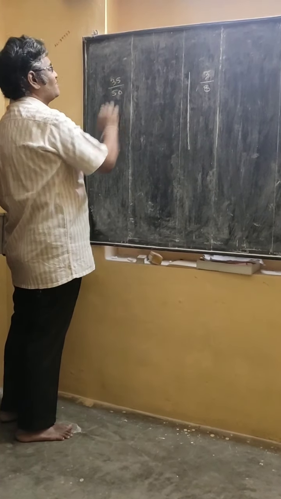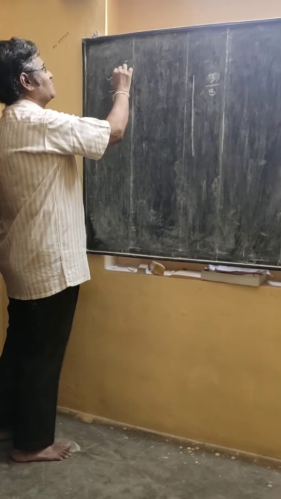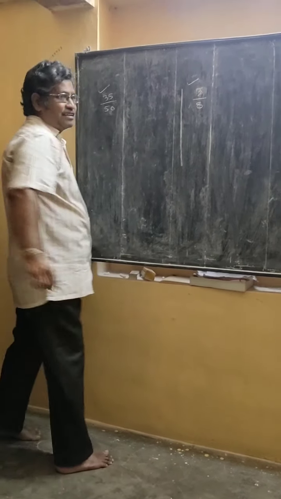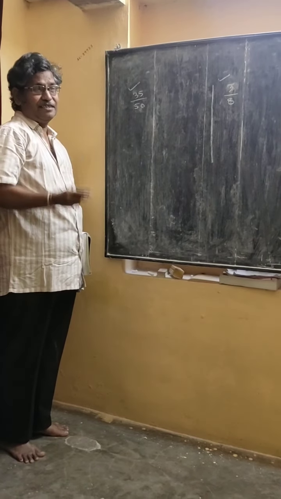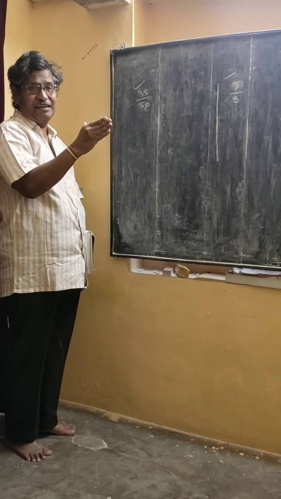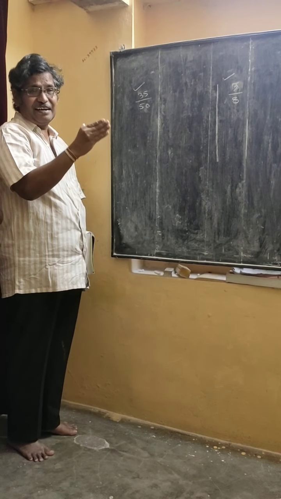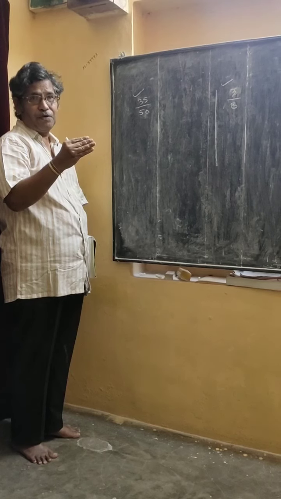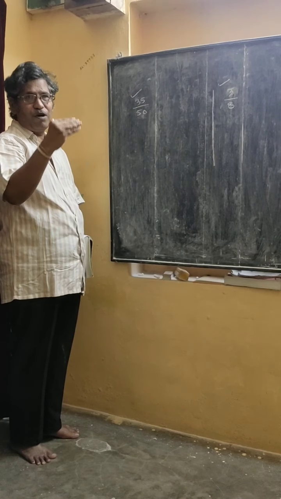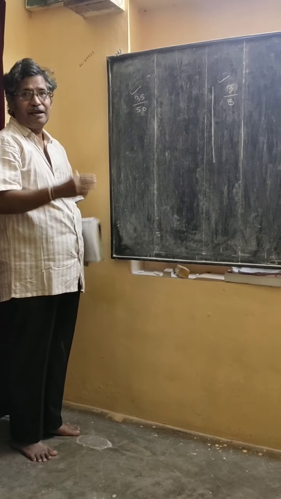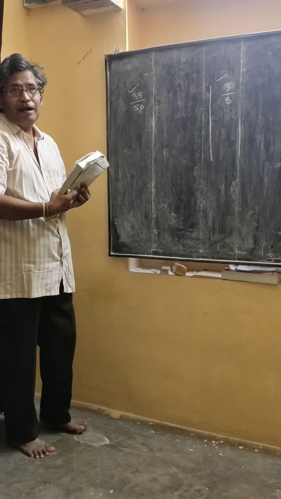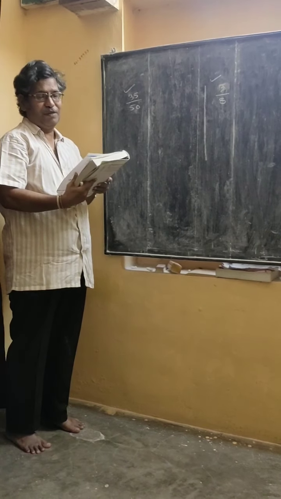Dear students, observe these two fractions. Yesterday we discussed that whenever a terminating decimal is given, if it is written in the form of p by q, where q is in the form of 2 power n into 5 power m, it is a terminating decimal.